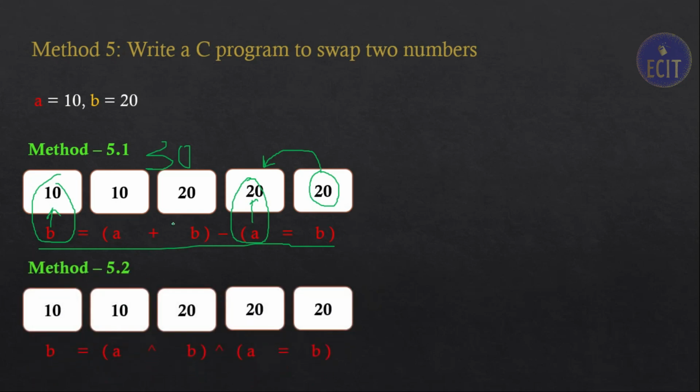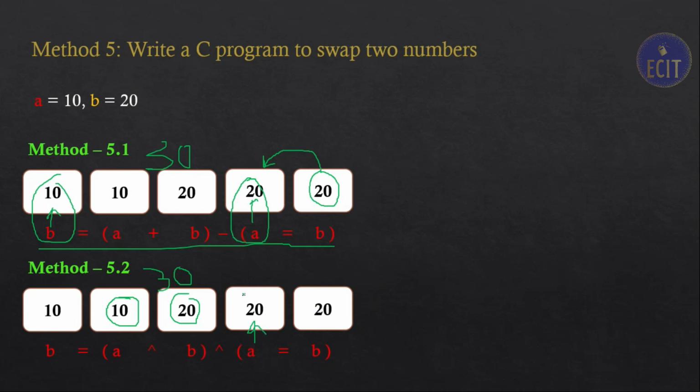Instead of addition, you can perform an XOR operation. If you don't know about the XOR operation and how it works, you can watch my previous video related to this. Now let's say we perform an XOR operation with A and B. In a previous video I already explained that A XOR B will be 30, and here we are already updating A from B, so A will be equal to 20.